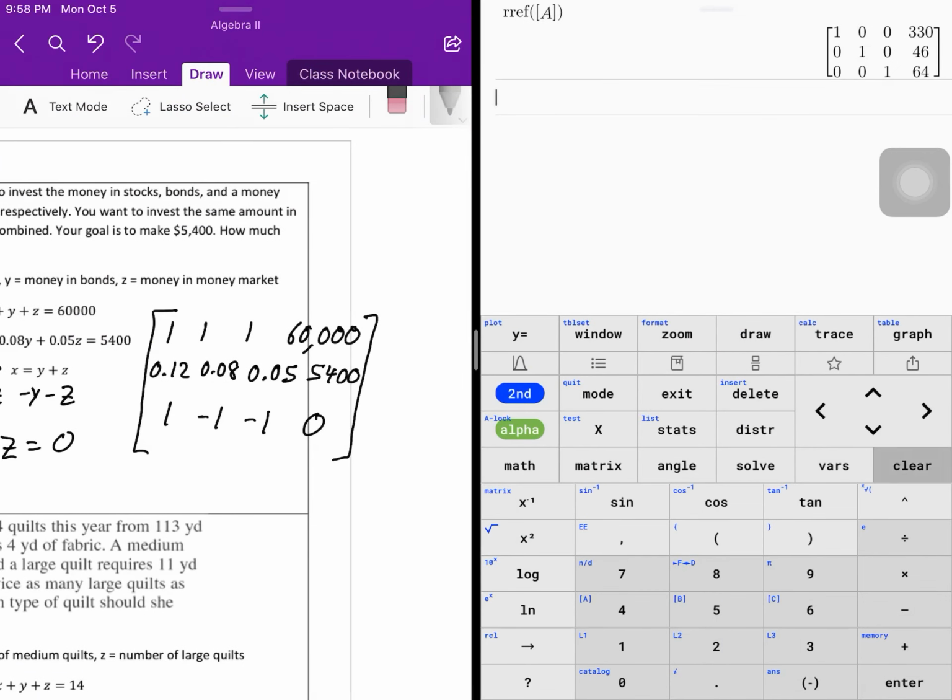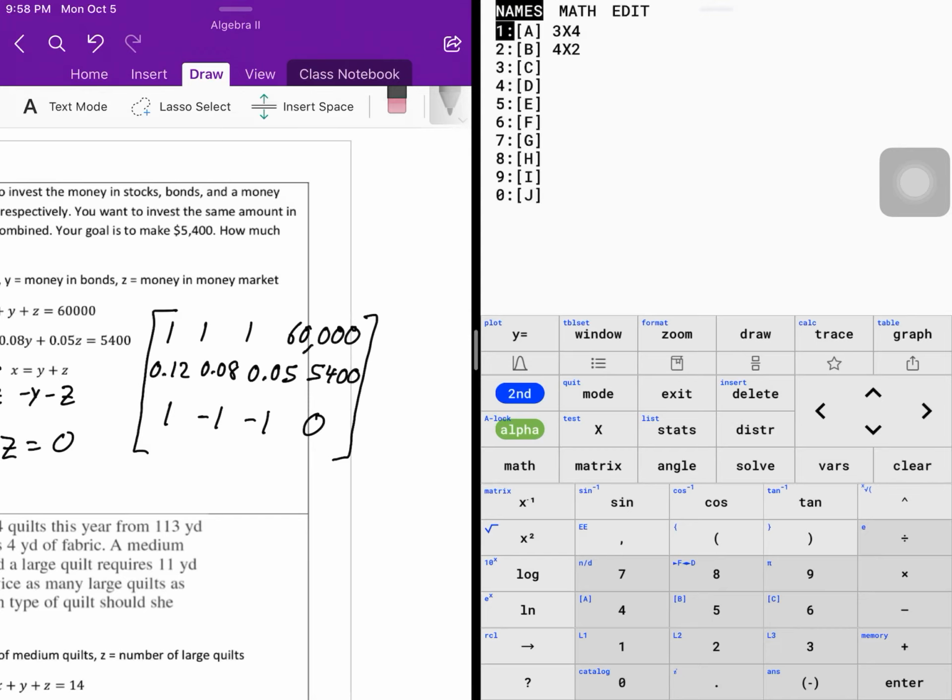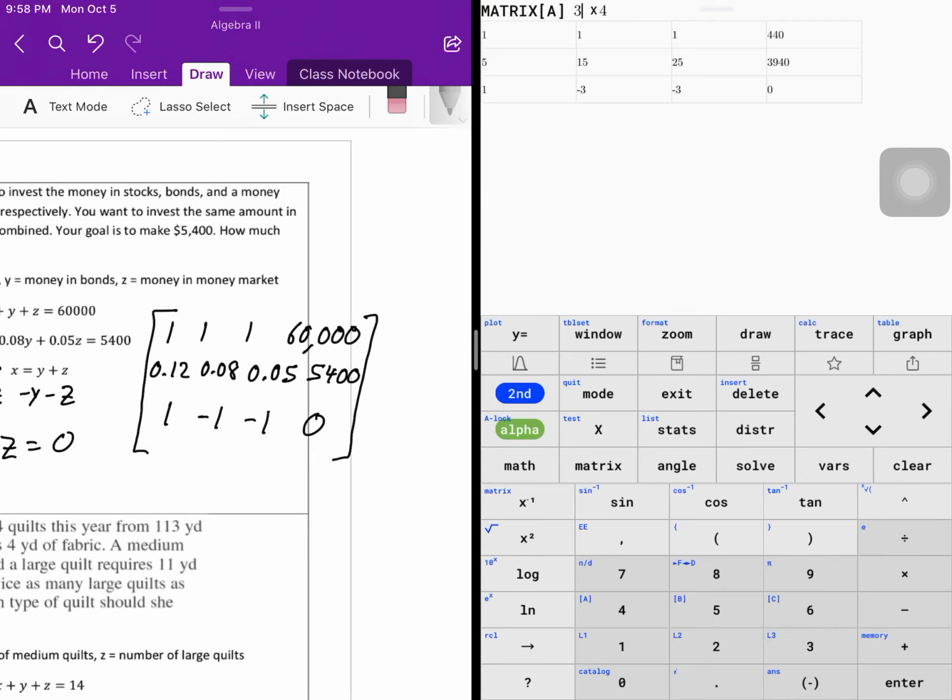Okay, so I'm going to clear this out. Matrix, edit, sometimes it's touchy.